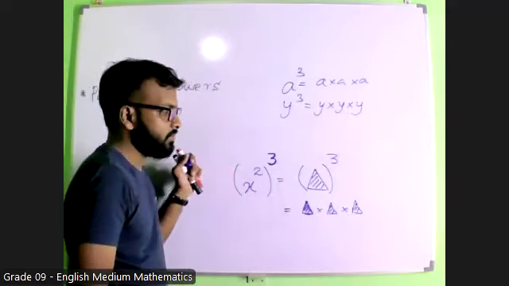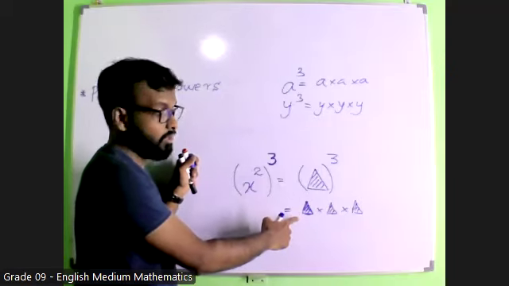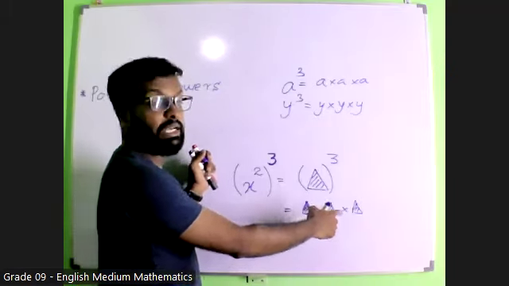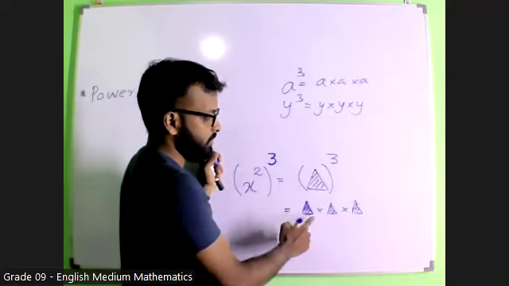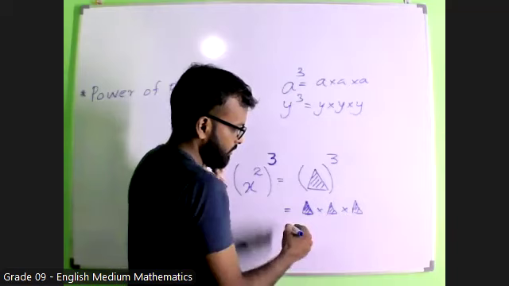Triangle to the power 3. So you need to repeat and multiply triangle 3 times. Triangle 3 times. 1, 2, 3.